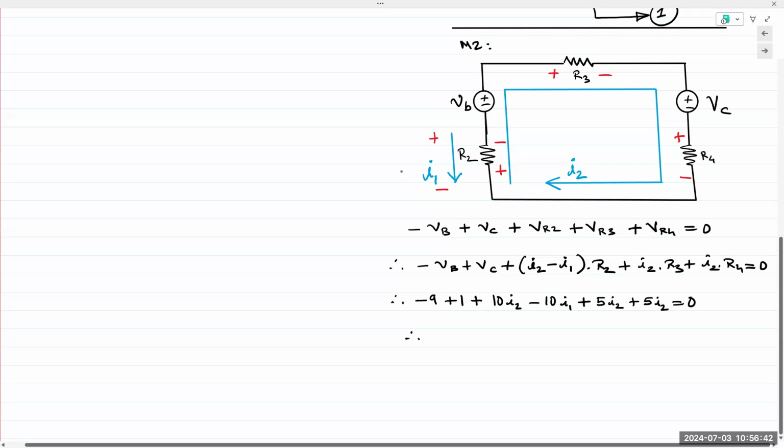So we obtain minus 10 times I1, and then I2 is 20. 20 times I2 is equal to 8. Call this equation 2.